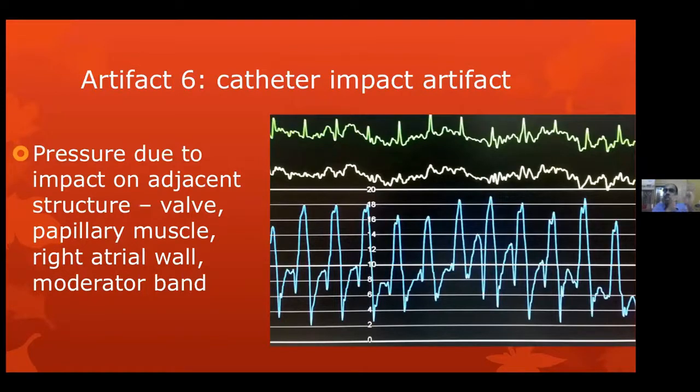So there is an additional pressure from the catheter impacting the wall. So let us assume I have a left ventricular catheter that I put into the aortic pigtail, and the belly of the mitral leaflet is going to give a pressure artifact, catheter impact artifact.